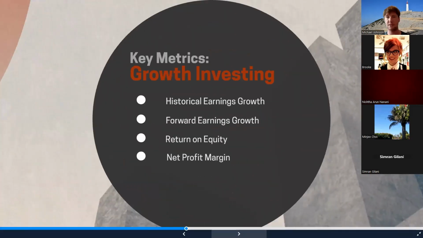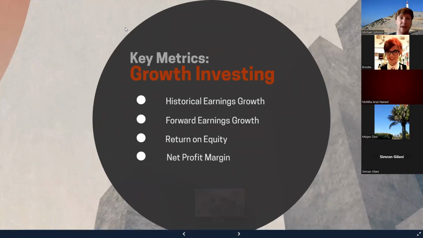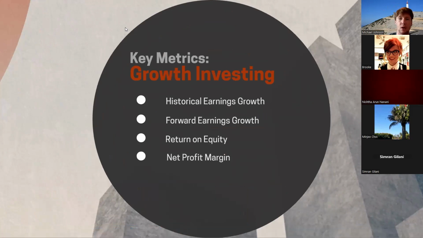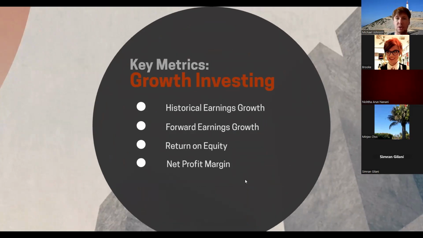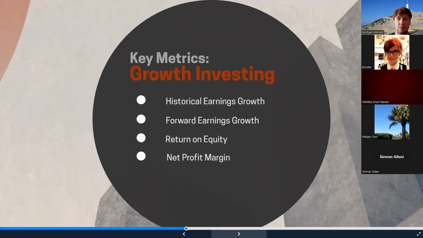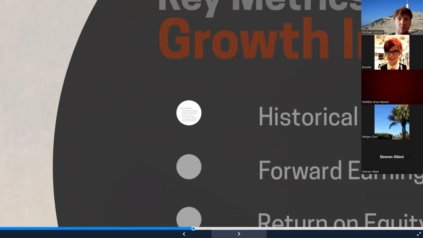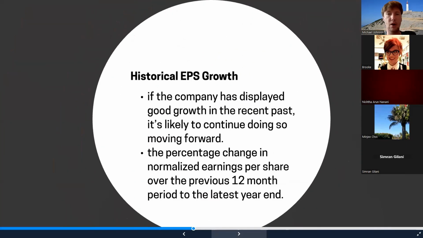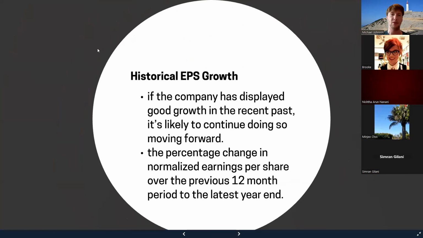Key metrics for growth investing are historical earnings growth, forward earnings growth, return on equity, and net profit margin. So we'll go through a lot of these here. Some of these are very important, specifically return on equity. Historical EPS growth: if the company has displayed good growth in the recent past, it's likely to continue doing so moving forward. It's the percentage change in normalized earnings per share over the previous 12-month period to latest year end.